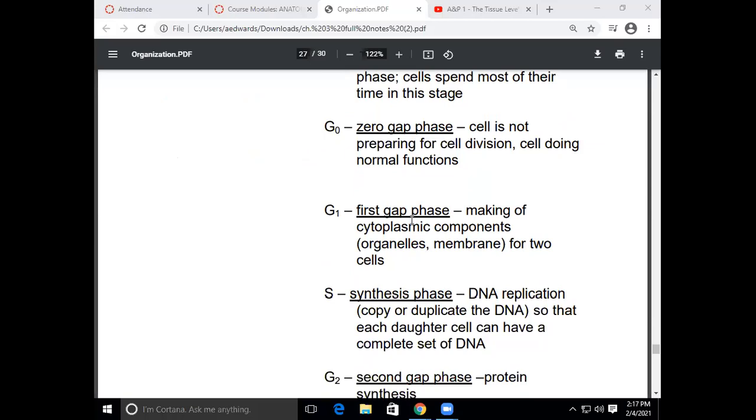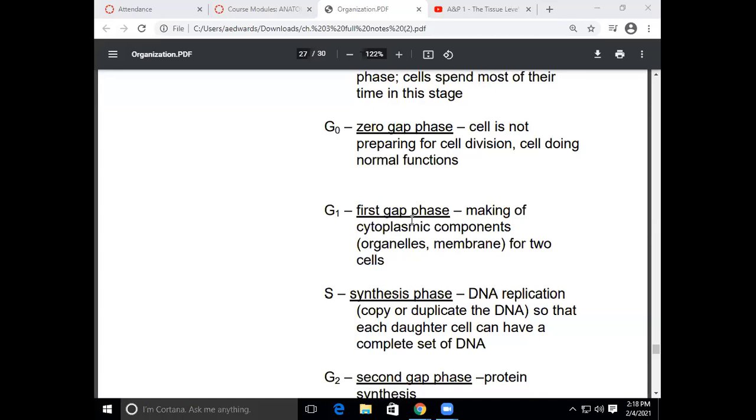You start making copies of the cytoplasmic components, things in the cytoplasm like your organelles and membrane, so you double up and have enough for two cells in G1. Then we get to S phase, and S stands for synthesis. Synthesis means making, so here we're copying or making DNA. This is where DNA replication happens.